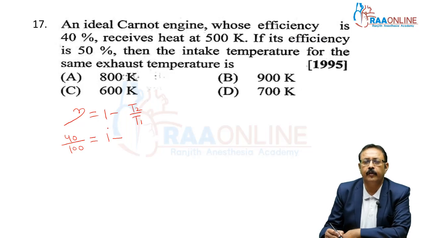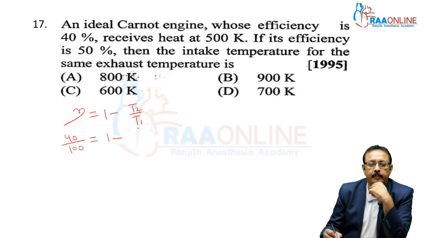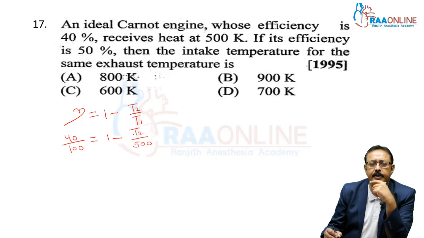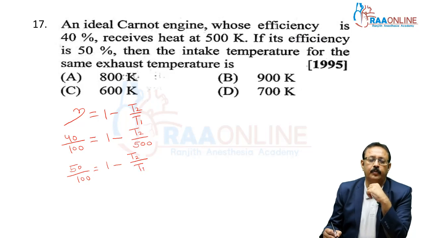What they are saying? The Carnot engine receives heat at 500 Kelvin. It means it is the temperature of source, and it exhausts heat at temperature T2. Now efficiency is 50%. For the same exhaust temperature, means same T2, what should be the temperature T1 now?